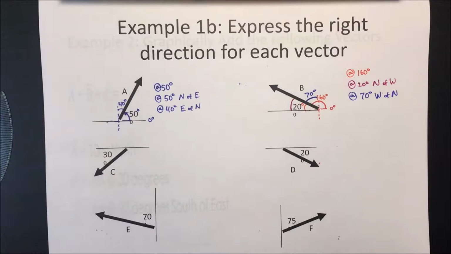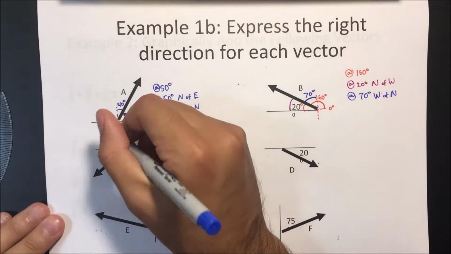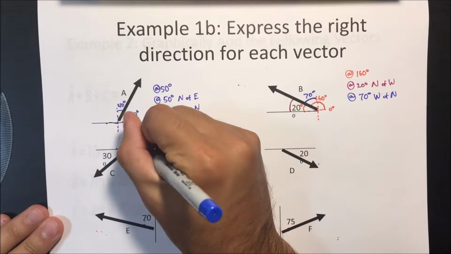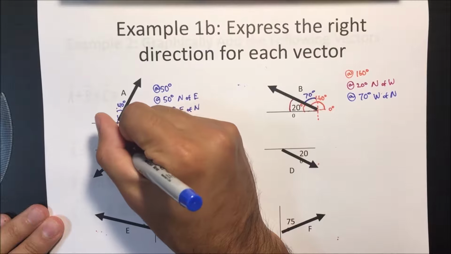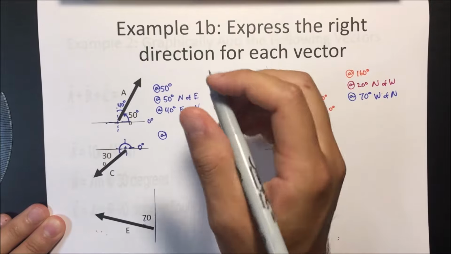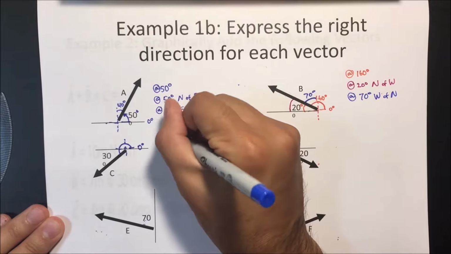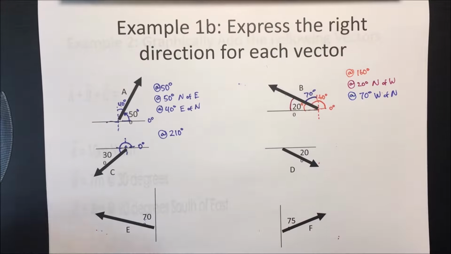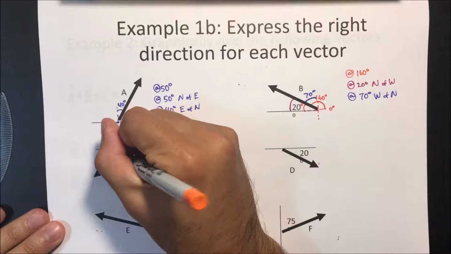Let's look again at this one here. Drawing that cross section. If this is 0 degrees, we could think of what this is all the way over here. And that's going to be 180 plus 30. So that's going to be at 210 degrees. We could call it that. Or if we just look at this angle here, that's 30 degrees.